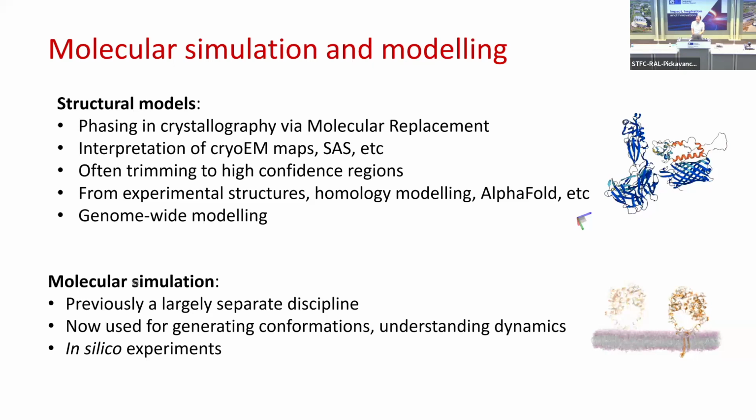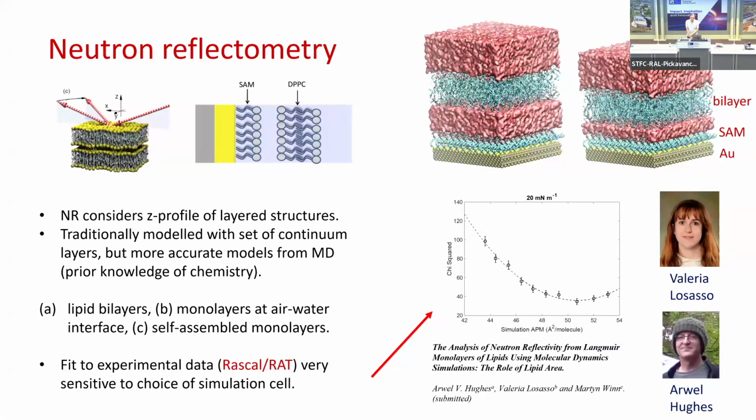Talking more about molecular simulation. So for us, that principally means classical molecular dynamics, and that's taking a structure from wherever and seeing how it evolves in time to get some ensemble information or some dynamical information. So a few use cases.